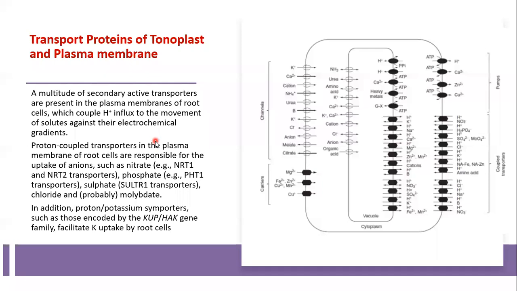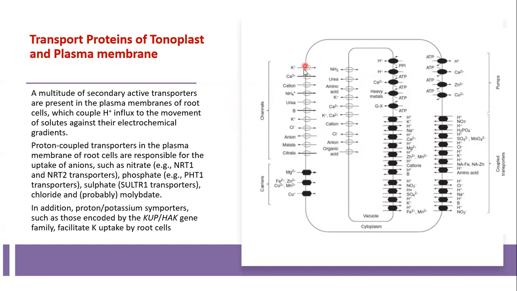Transport proteins of the tonoplast and plasma membrane are mentioned here in this cell diagram. You can see there are a lot of pumps and a lot of channels and transporters in a cell.